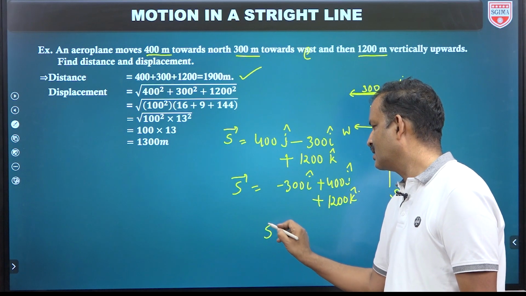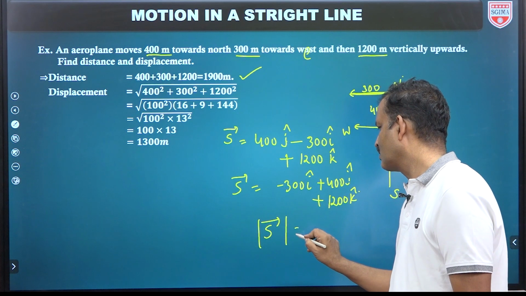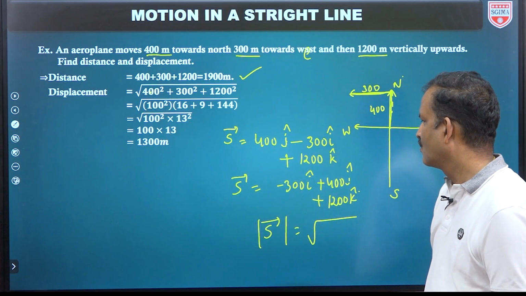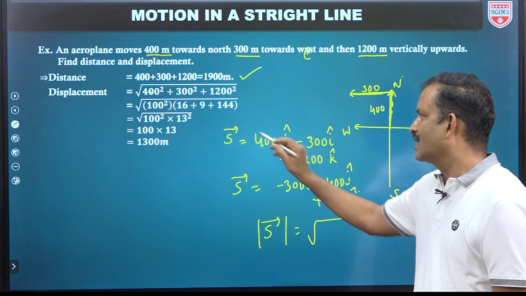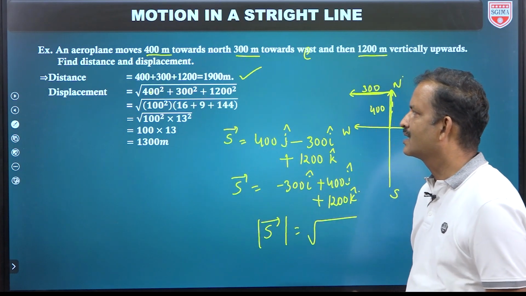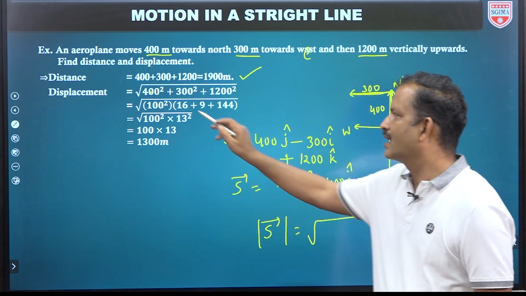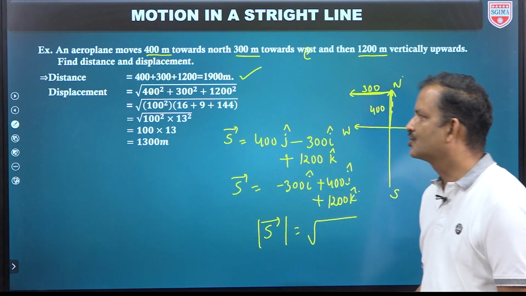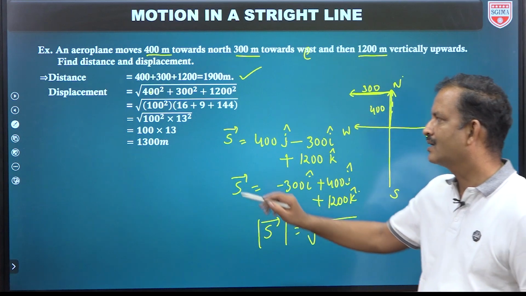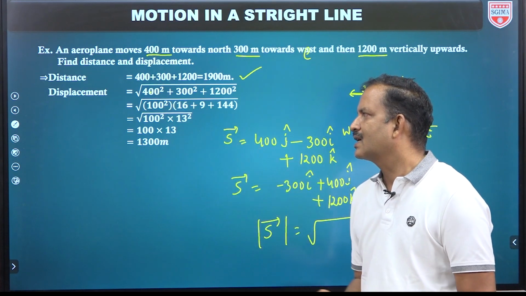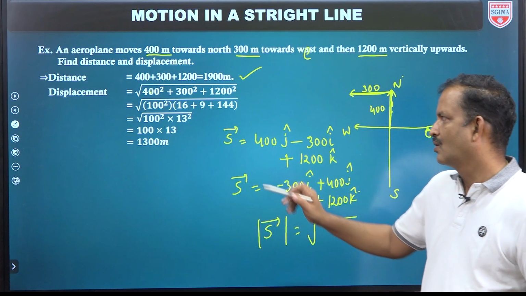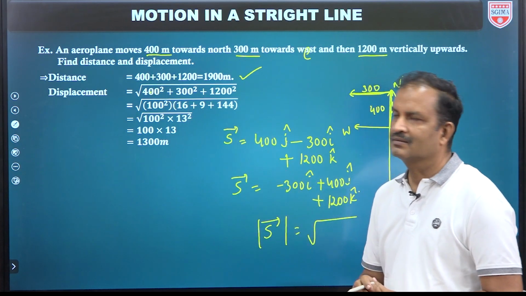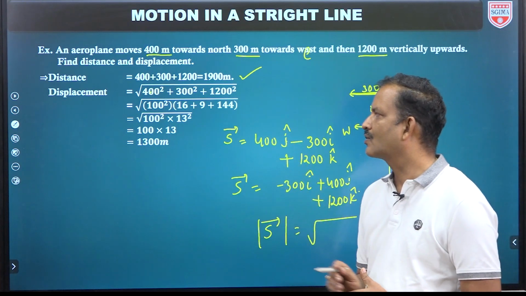Then the displacement magnitude you can find out. The magnitude of the displacement is: minus 300 whole square means 300 square, plus 400 square, plus 1200 square. Here 100 square is taken as common: 4 square is 16, 3 square is 9, 12 square is 144.